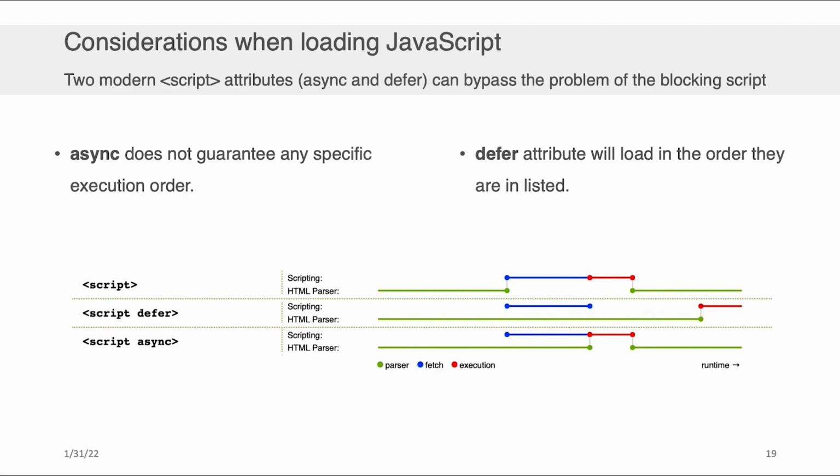But if there are components of script 2 that rely on script 1 being run first, for instance, script 1 sets up some global variables or something like that, you would definitely want to use this defer attribute, not async.